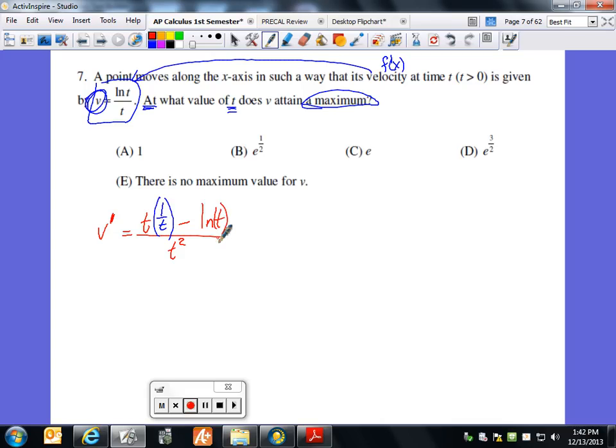Now d low, the derivative of t, is just going to be 1. So this simplifies to 1 minus natural log of t over t squared. This is my derivative, and I want to see when it attains a maximum.